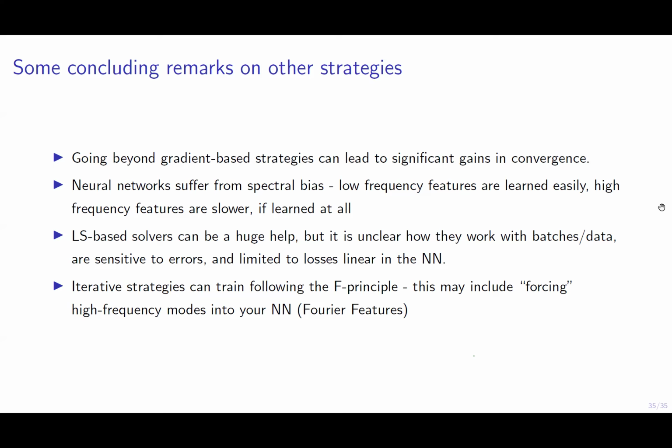There is this issue of spectral bias, and we should always be thinking: if I'm expecting oscillatory solutions, how can I make my network approximate them well? We also have an optimization issue, in that our errors are typically going to be in the high frequency regime. I am personally a very big fan of these least squares based solvers.